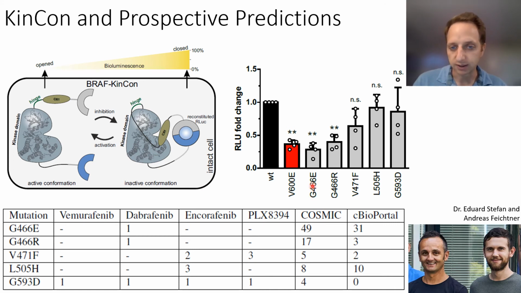Likewise, for G466E and G466R, we have a similar opening and activation of the kinase. For these other three mutants, we didn't see much opening of the kinase, and that's important when we consider that we made predictions assuming these kinases would adopt an active conformation. And you'll see why in just a minute.